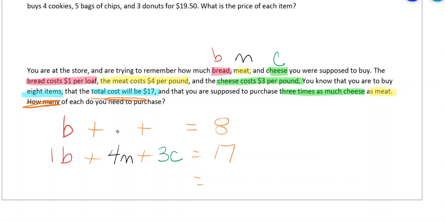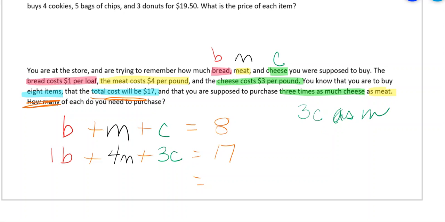I'm going to have some meat. And I'm going to have some cheese. Last but not least, we have this 3 times as much cheese as meat. So I have 3 times as much cheese as meat.